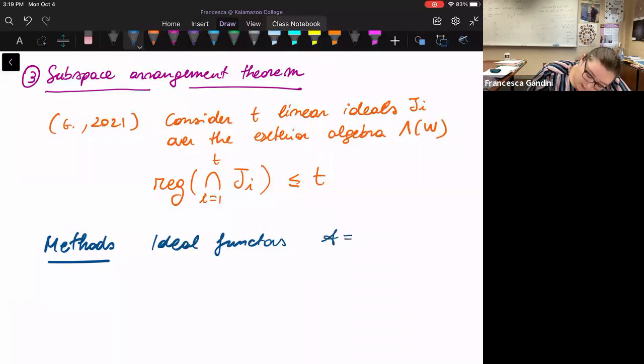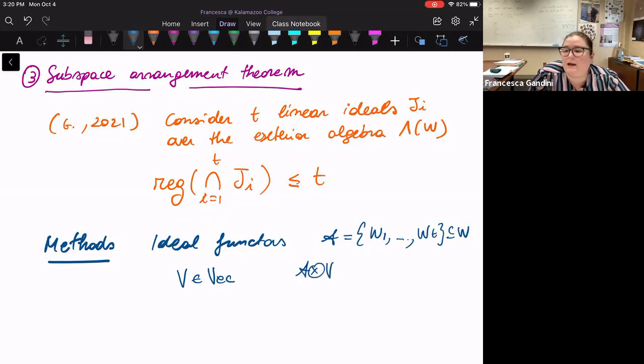So going from just a subspace arrangement, W_1 up to W_T in some ambient vector space, this becomes an ideal functor if for a vector space V in the category of finite dimensional vector spaces, we get a new subspace arrangement just by tensoring the ambient space with V. So for every V, we can consider this construction.